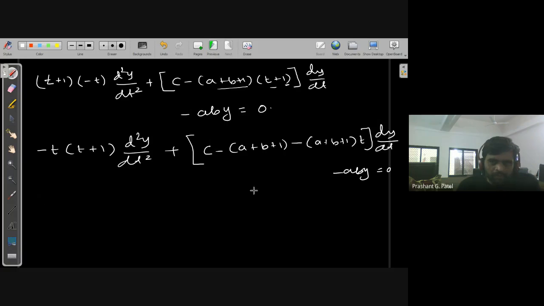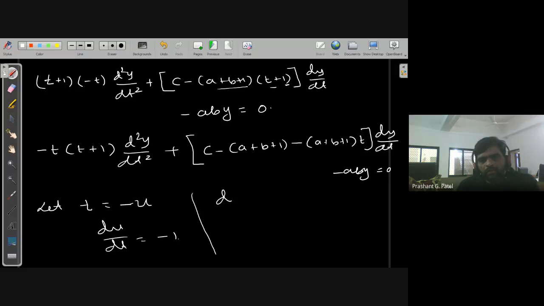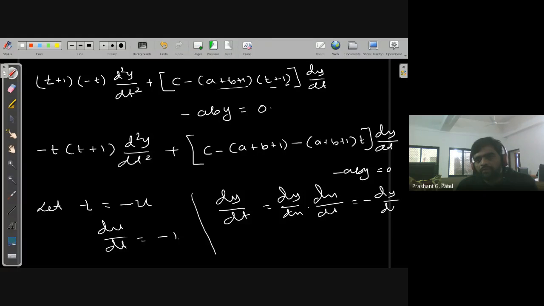Now further to this one, I just change another variable, that is let t equal to minus u. Doing this, what is du by dt? We'll have it as minus 1. So what is dy by dt? That is dy by du into du by dt. But du by dt is minus 1, so this is minus of dy by du.